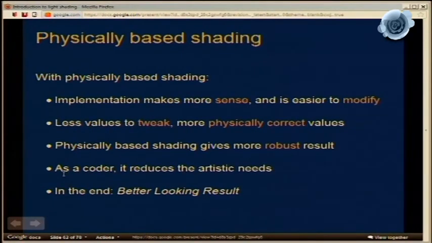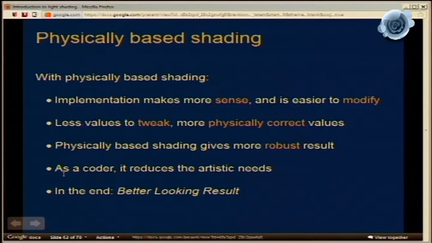If, on the other hand, we have some physically based rendering, we have a couple of interesting points. The implementation is going to make more sense. You don't have a fudge value that doesn't make any sense. It's a physical value, so you can think about it and reason about it. So it's easier to implement and easier to modify. If you're going to code some new thing, you know where to put it in your equation, and you know if it's going to work or not.